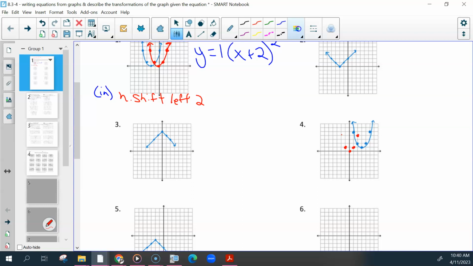If you want to start to memorize it, always start at the origin, move left and right 1 and go up 1, left and right 2 and go up 4. Or you could put x squared in your y equals and look at that table. So what changed here?